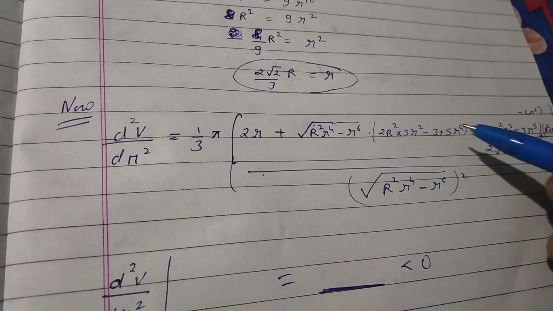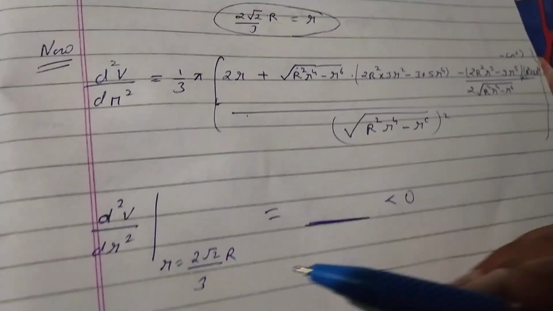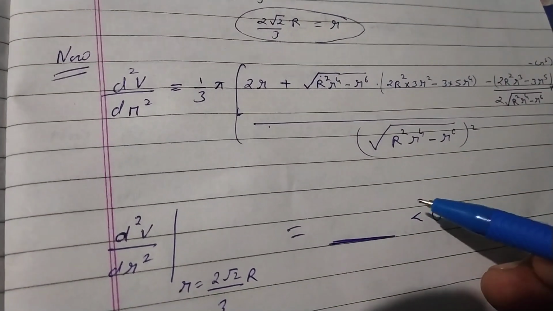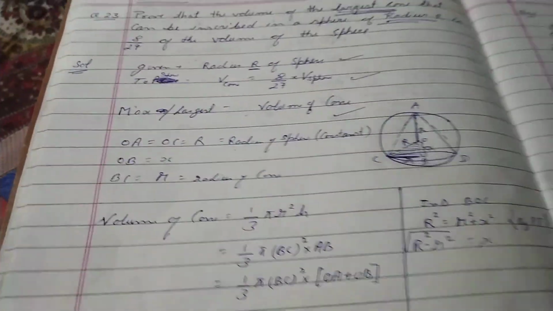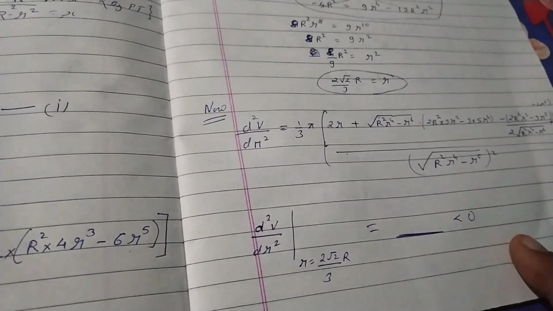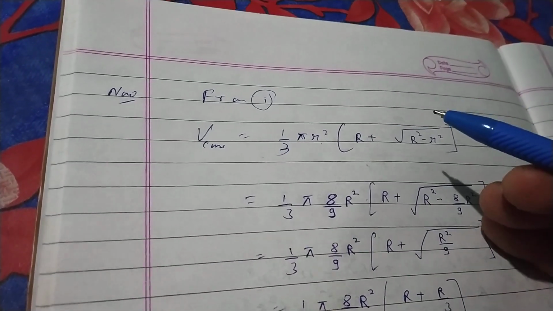It gets complicated now, as the value after putting the value of small r should be smaller than 0, as we have to prove it as maximum. Hence the double derivative should be negative. Moving ahead, that proves it is maximum.